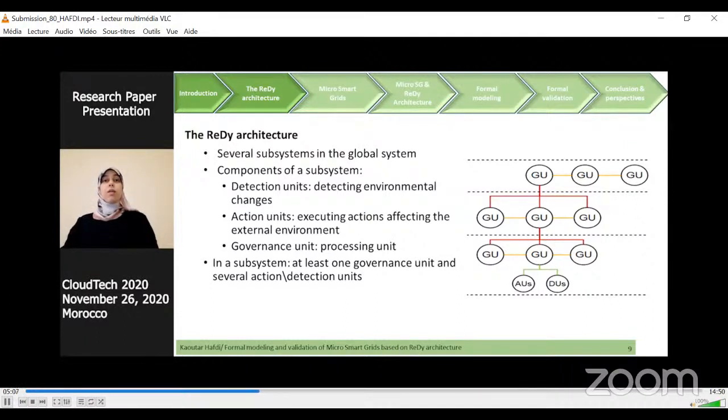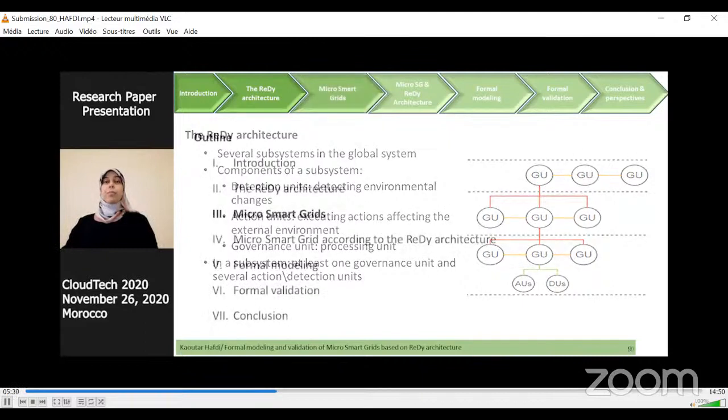And at the end, we have the governance units, which receive the information from detection units and take adequate decisions and send them to action units. We should notice that each subsystem is composed of at least one governance unit and several detection and action units, and that the governance units can communicate between each other.